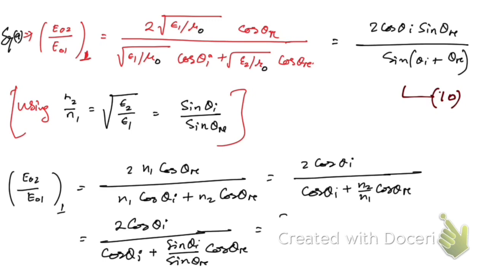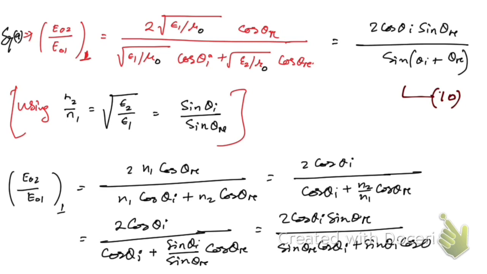Then we're going to have 2 cos theta I sin theta r, and here sin theta r cos theta I plus sin theta I cos theta r. Here this is sin A cos B plus sin B cos A, and this is 2 sin theta I sin theta r. So if we apply the sin A plus B formula, then we get this expression. So this is equation number 10.